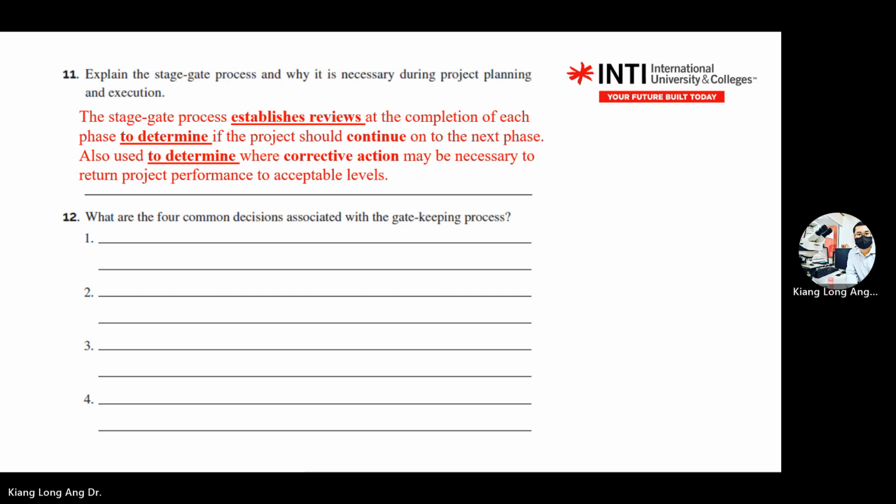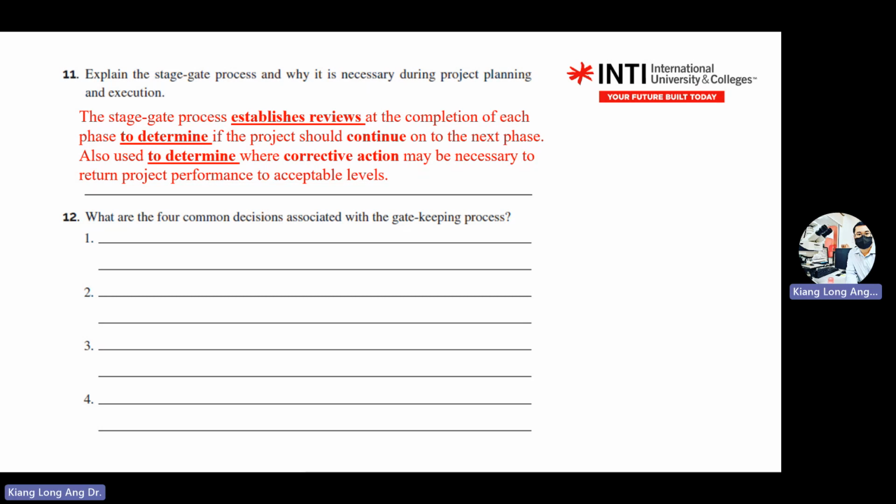Okay, you have 3 answers already: proceed, cancel, hold with information. The second one is between the first and the third. The first one is proceed without changes, which means okay, go.